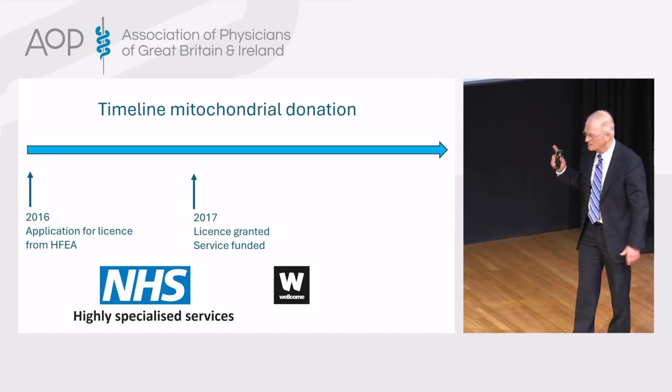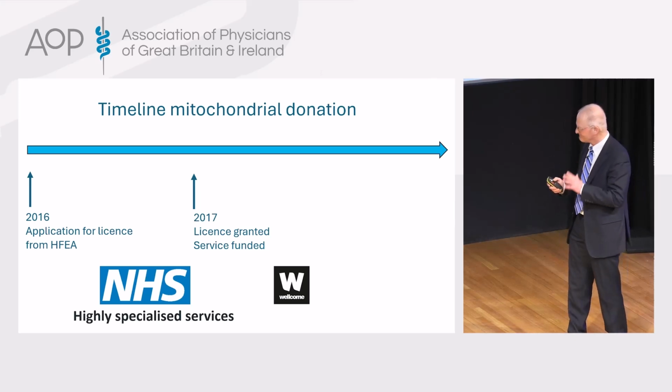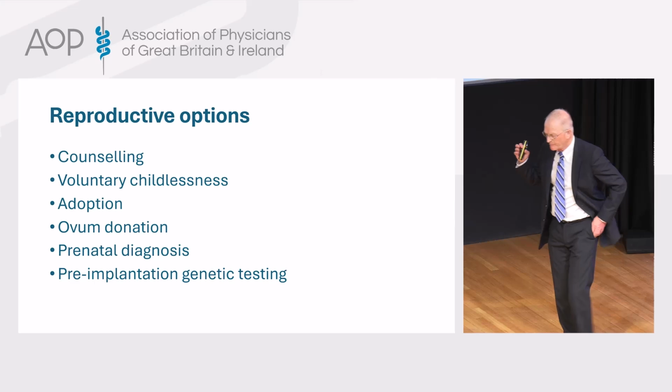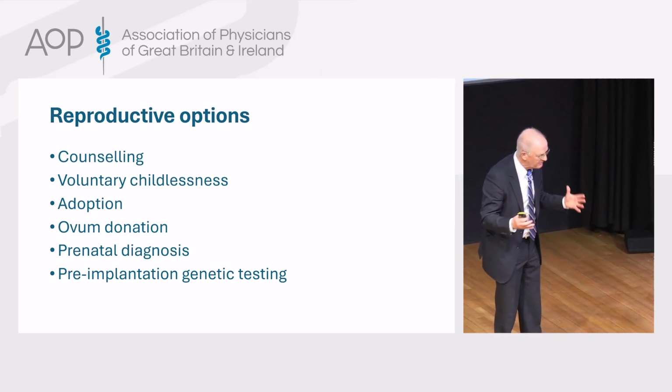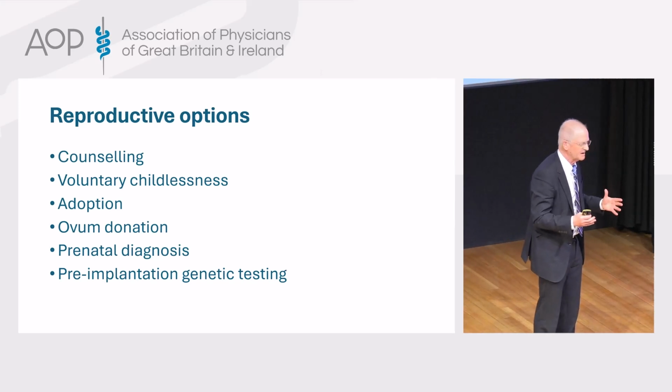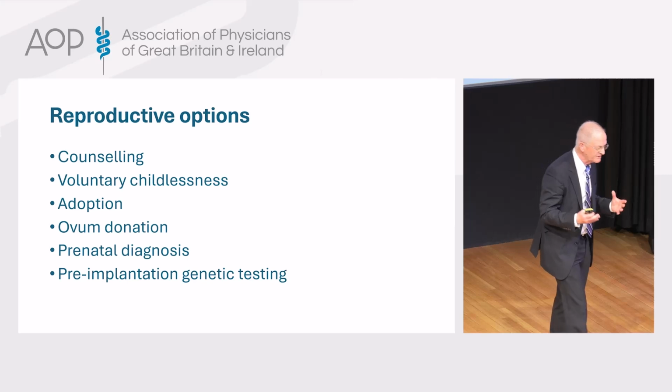So what have we been doing since 2017? Well, I'm going to try and explain just how challenging this has been. So if you've got a family, a woman with mitochondrial DNA disease, what sort of counselling can you give? What sort of support can you give?